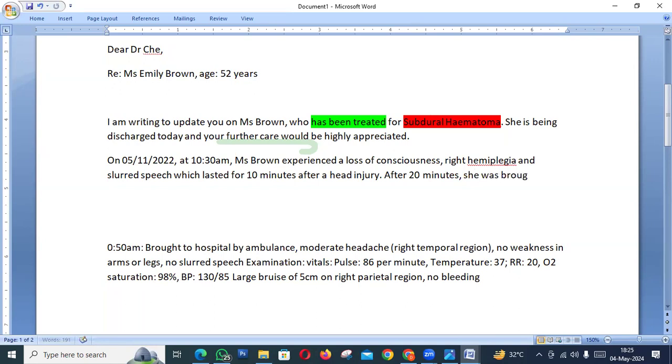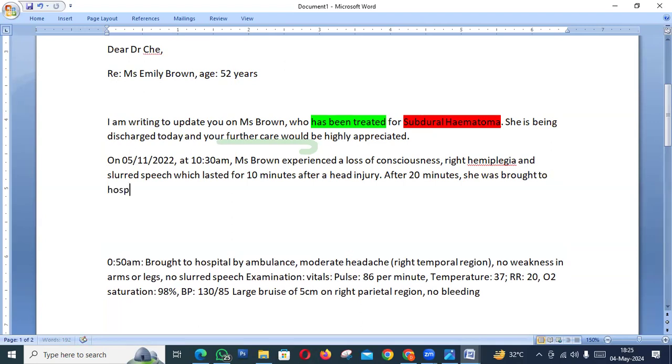She was brought to hospital by ambulance. This is not important. You should skip it. Okay?